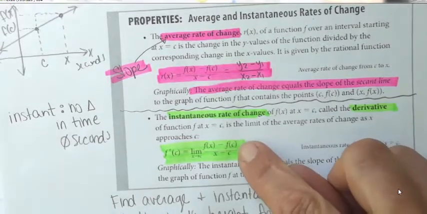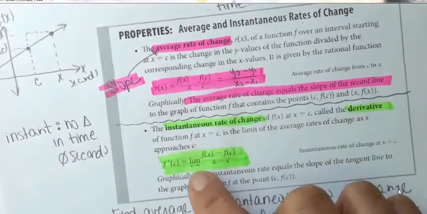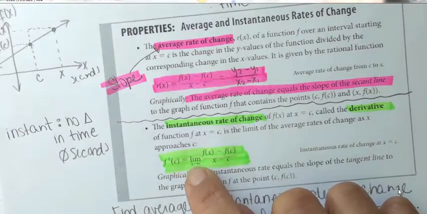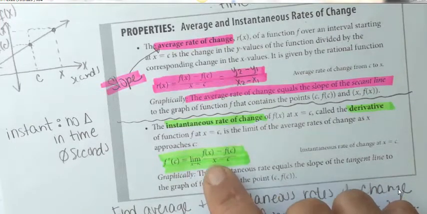So basically you take the slope, but you need the limit as x and c get closer and closer together. So if x, for example, is 2 seconds, then I'm going to want to find c values that are close to x, but not exactly x. So maybe 2.1 seconds, or 2.01 seconds, or 2.0001 seconds, and so on.